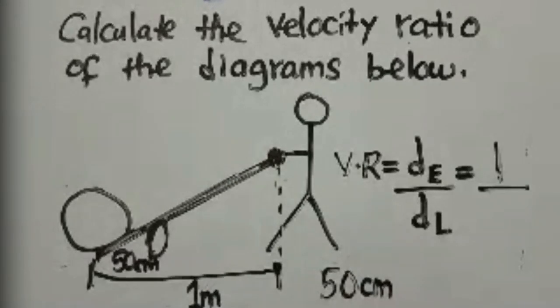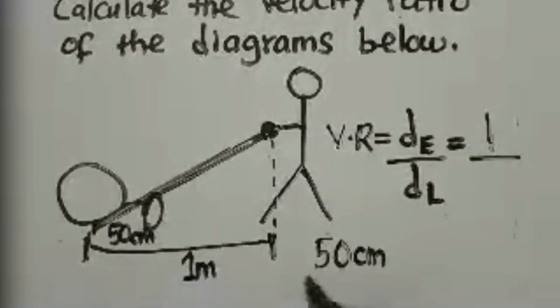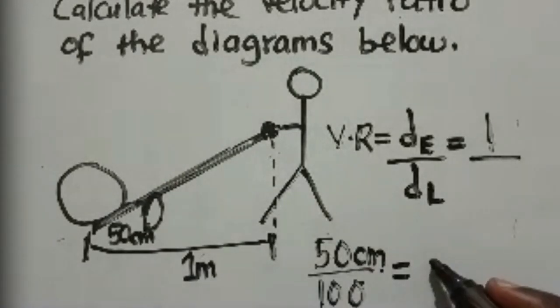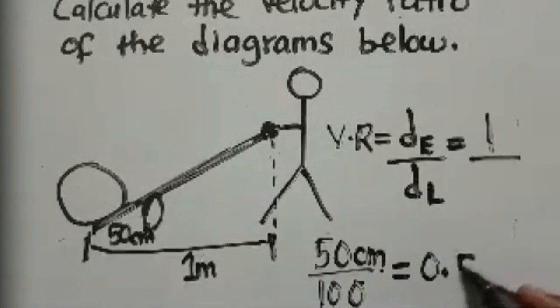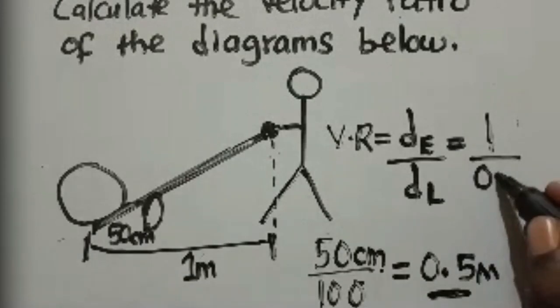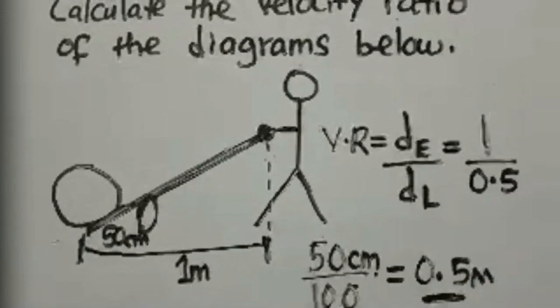How do you convert to meters? You need to divide by 100. When you divide by 100, you get 0.5 meters. So this is the distance moved by load, and this is what you're going to put, 0.5.